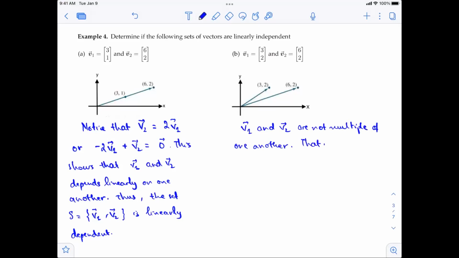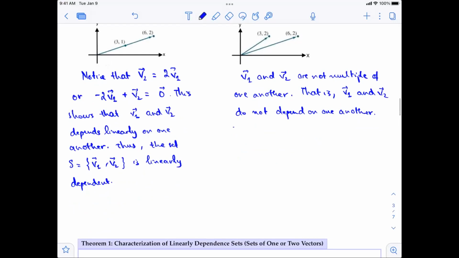That is, v1 and v2 do not depend on one another. Therefore, the set S of v1 and v2 is linearly independent. Right, so they are independent from one another.